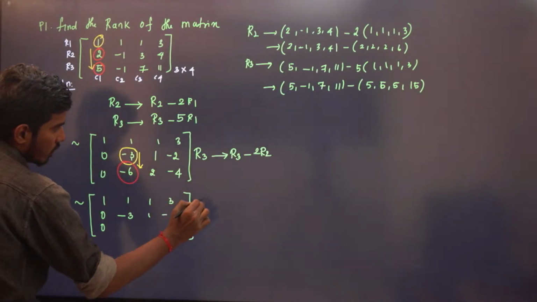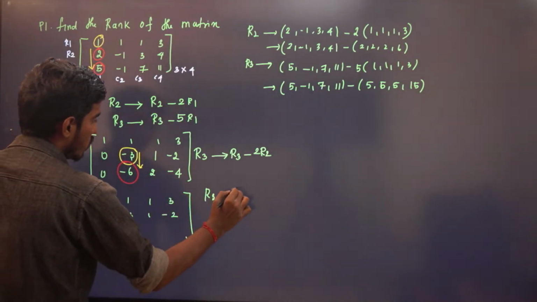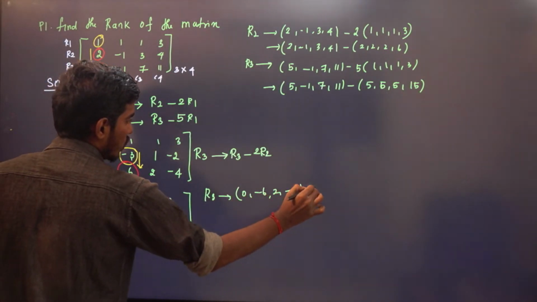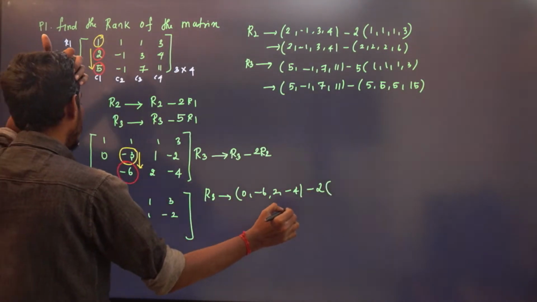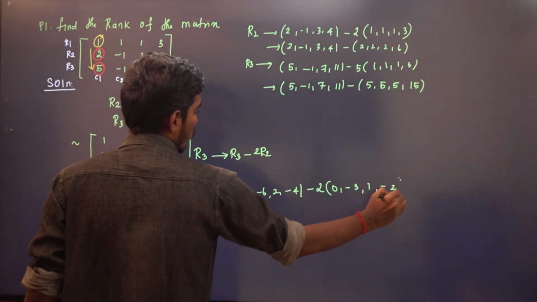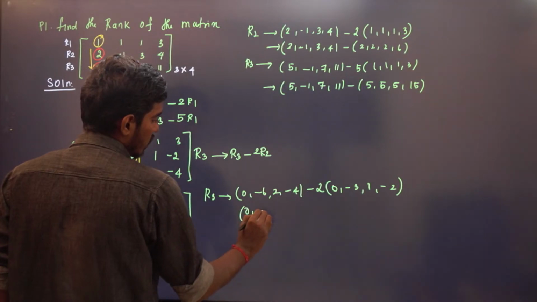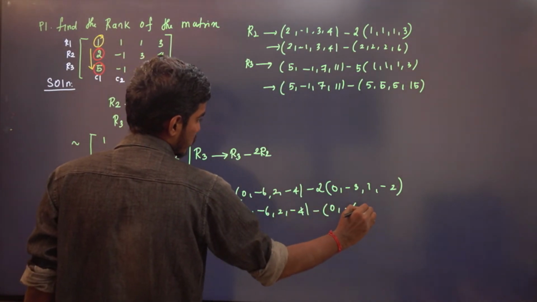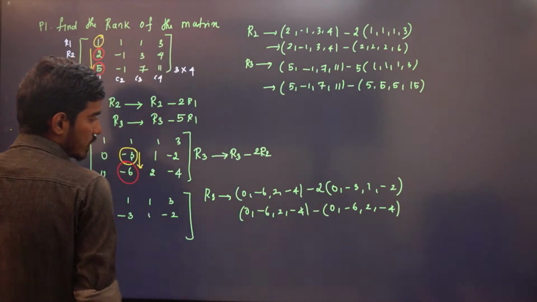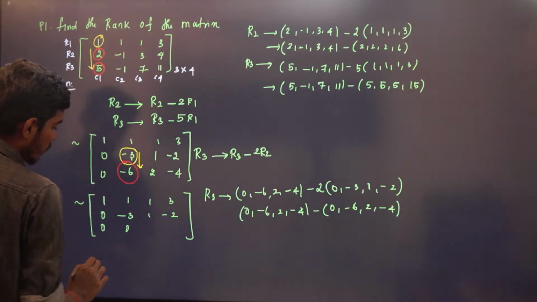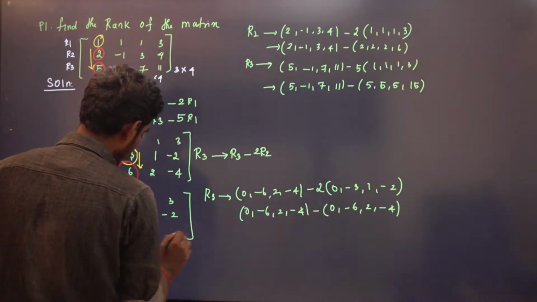Now R3 is transformed: R3 is 0 minus 6 2 minus 4, minus 2 times R2, and R2 is 0 minus 3 1 minus 2. So what does it become? 0 minus 0 is 0, minus 6 plus 6 is 0, 2 minus 2 is 0.